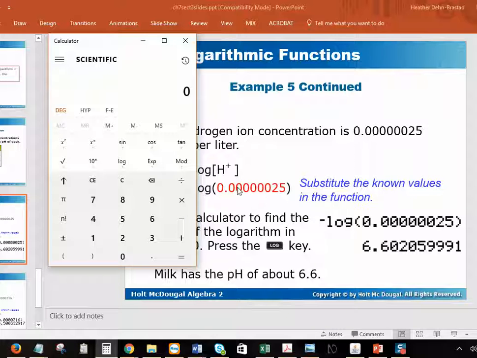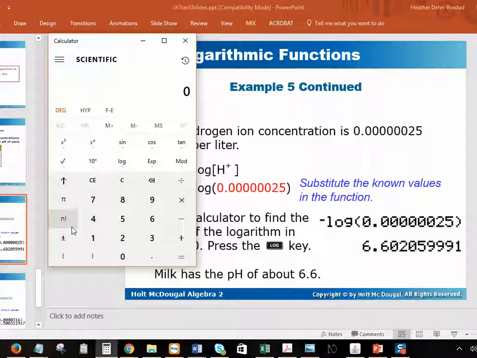Is that 6 zeros? 1, 2, 3, 4, 5, 6, 25. I forgot the negative. It was supposed to be negative log of that number. So 6.602, and so on. So I should have pushed the negative.